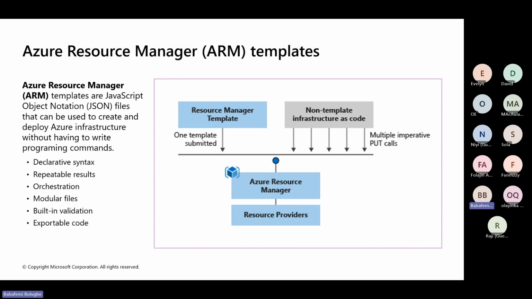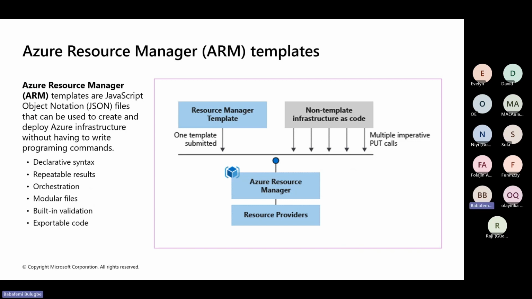It's a JSON file, but you do not have to worry about that technical jargon. But let's take for instance, when you go in there to create your virtual machine, you might not remember what size of machine you even selected the last time, or the region, or the replication strategy that you selected.